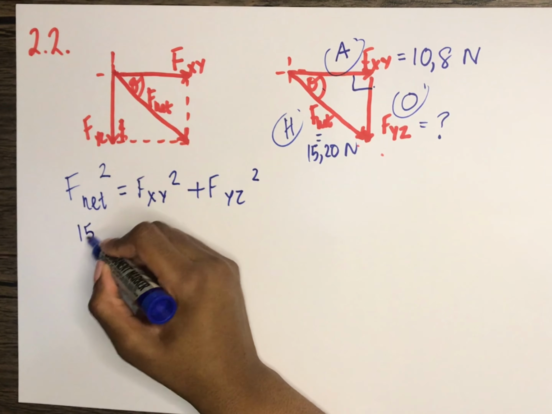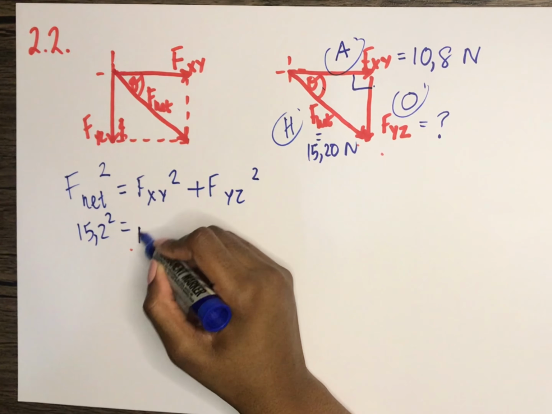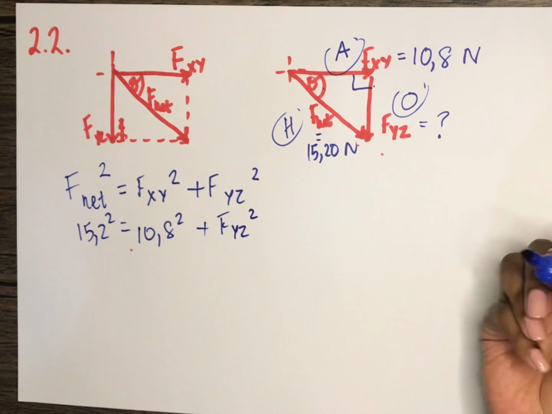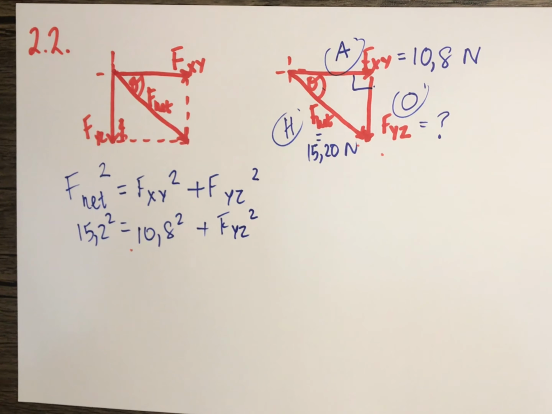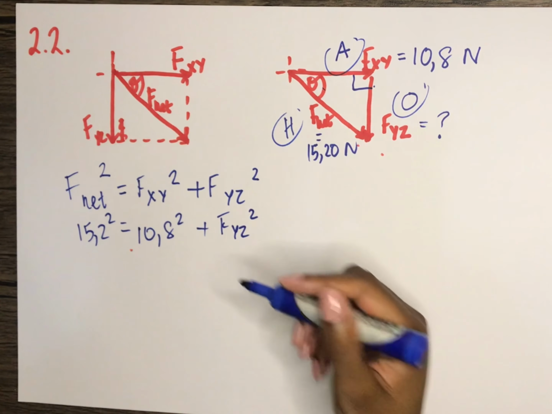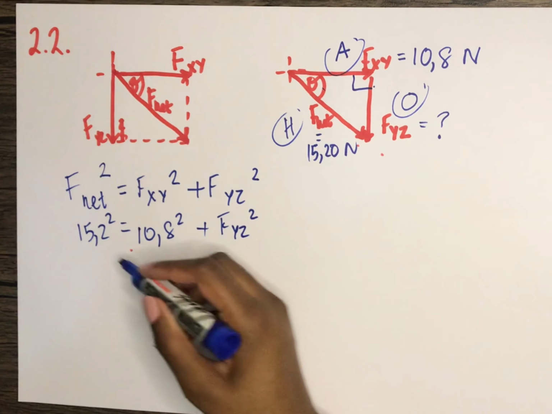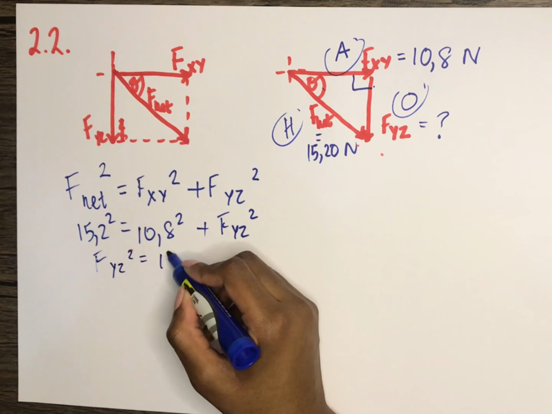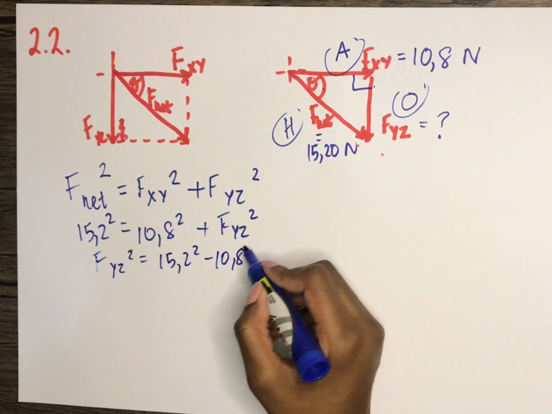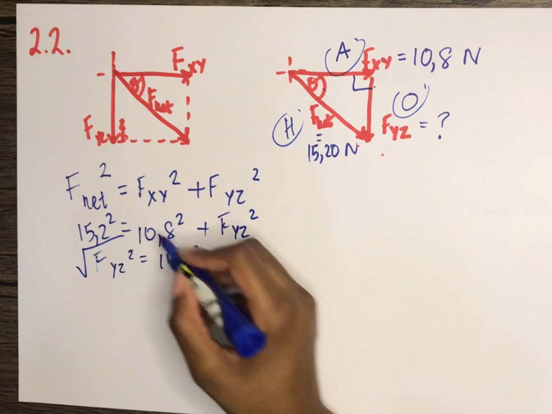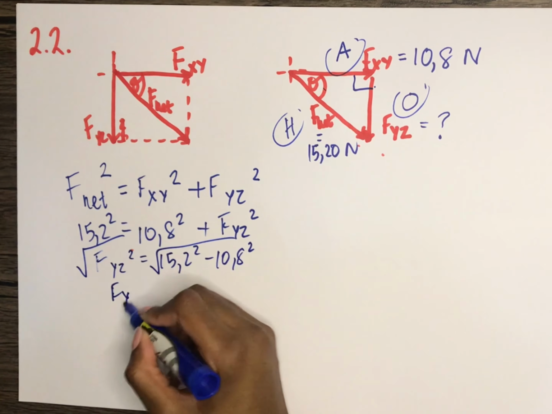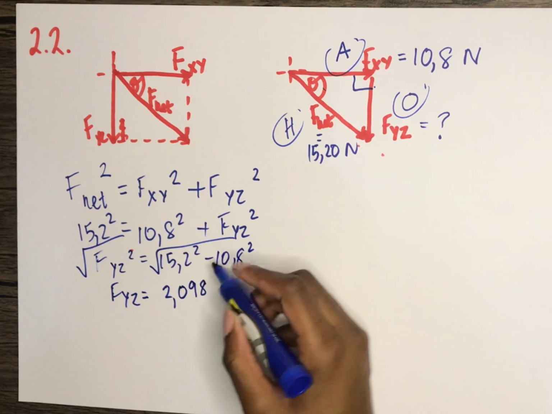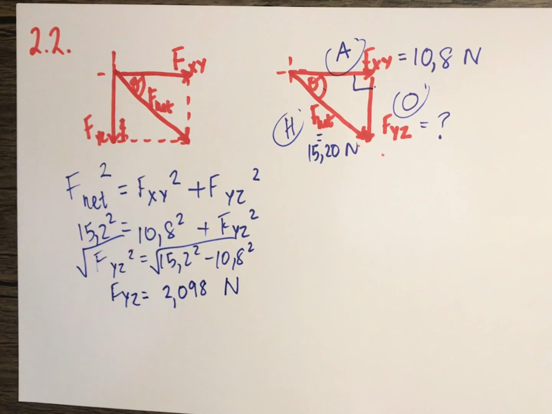This I've been given as 15.2 squared, and this I've calculated as 10.8 squared. Then I can get the magnitude of F_yz, right? So from here, if you do your transposing, you get F_yz squared is 15.2 squared minus 10.8 squared. You take the square root on both sides. Then your answer should be 2.098 newtons.